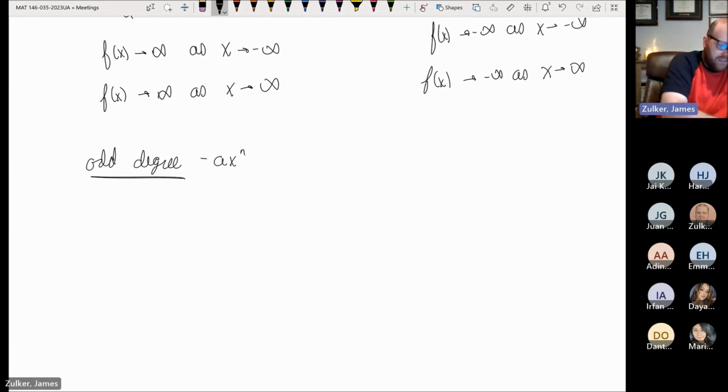So ax to the n. I'm ignoring n equals 1 because that's just a straight line. So odd degree greater than 1.